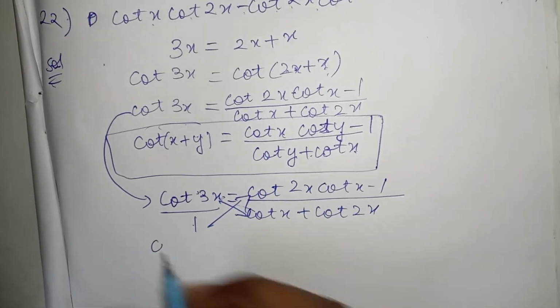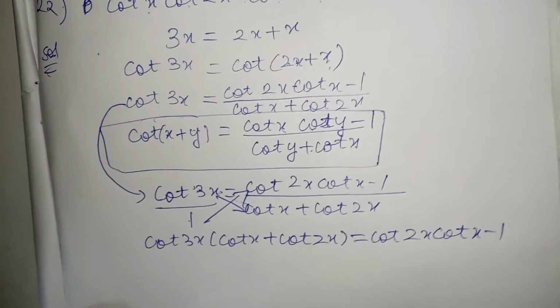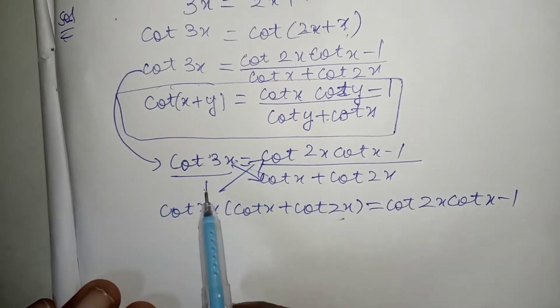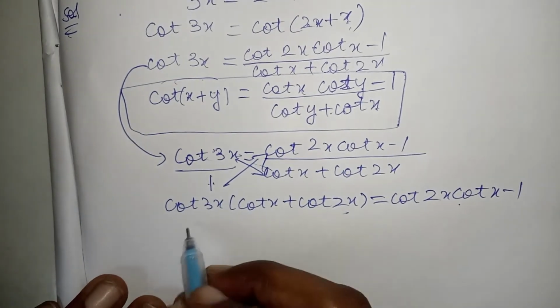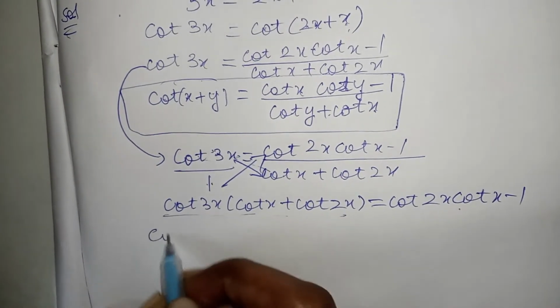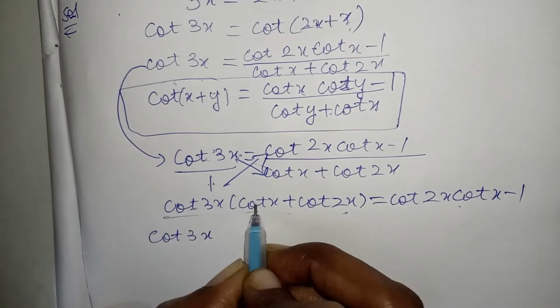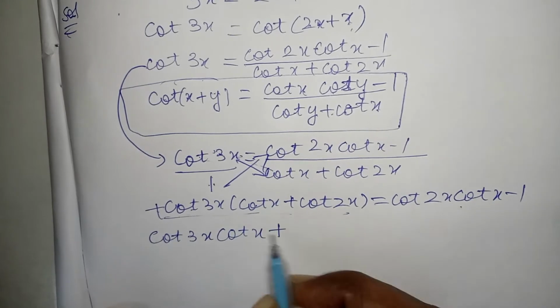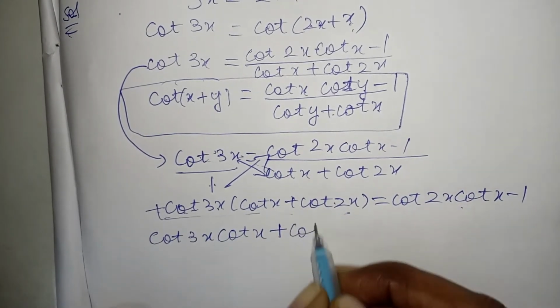So I have multiplied cot 3x into the whole of this, and 1 into this. So just open the bracket: cot 3x into cot x, and again plus into plus is plus, cot 3x into cot 2x.